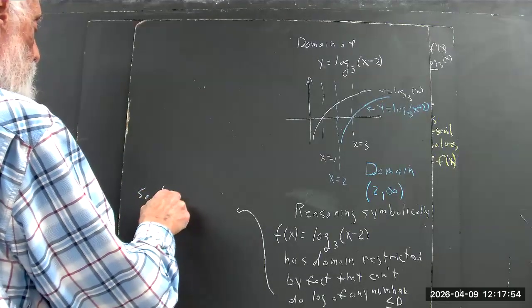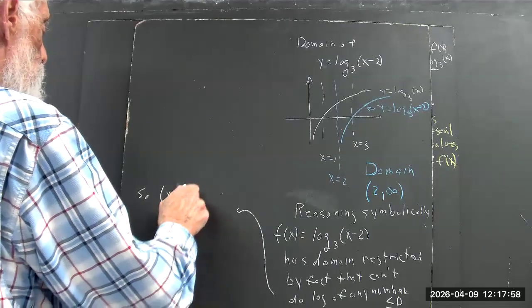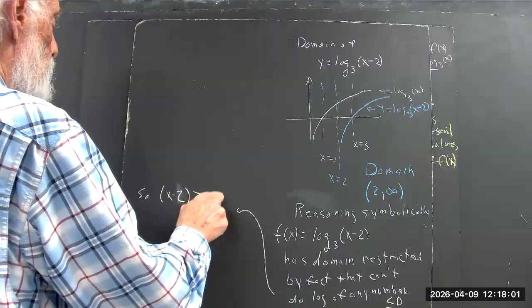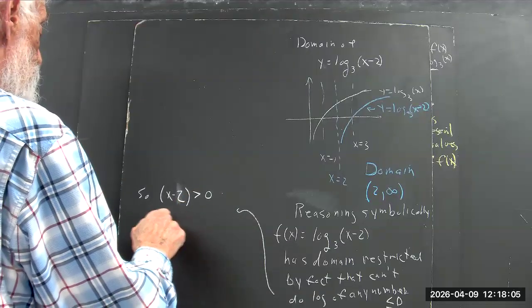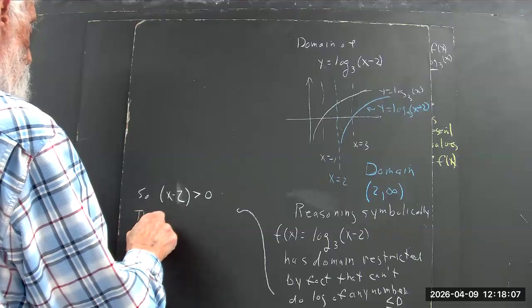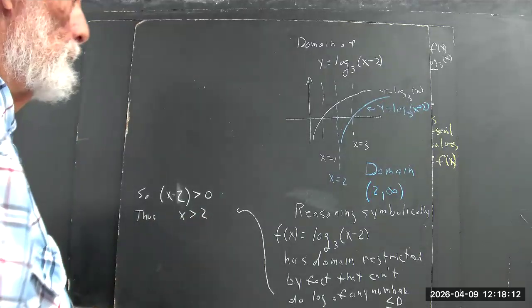So x minus 2 has to be greater than 0. Thus, x has to be greater than 2.